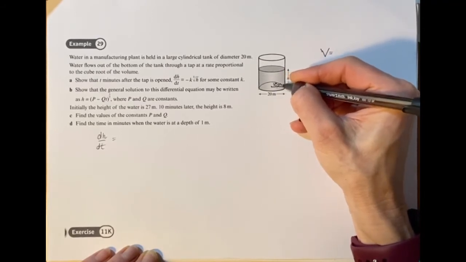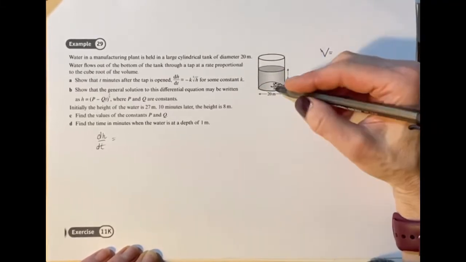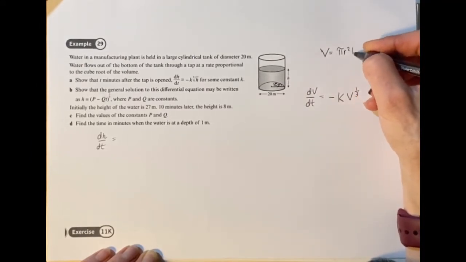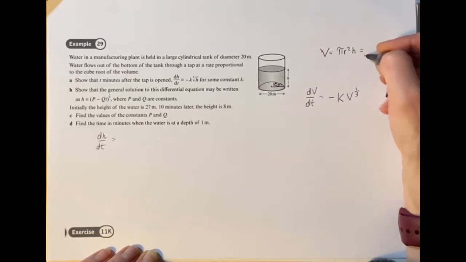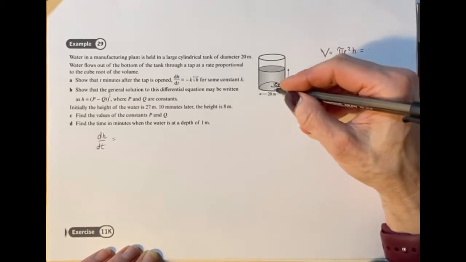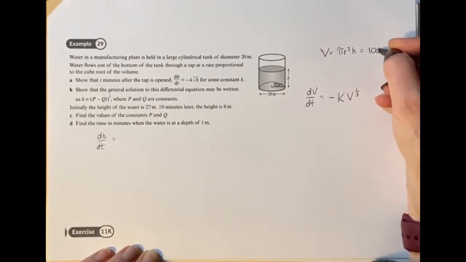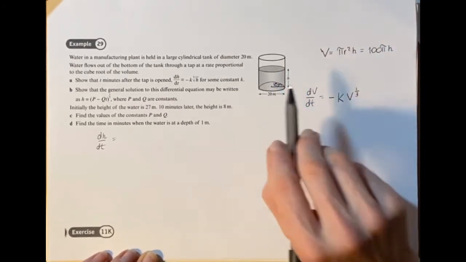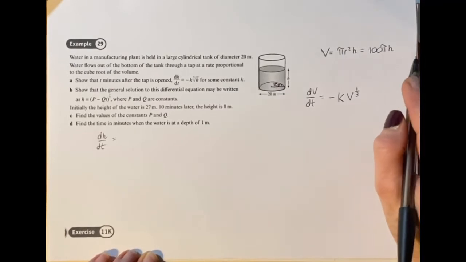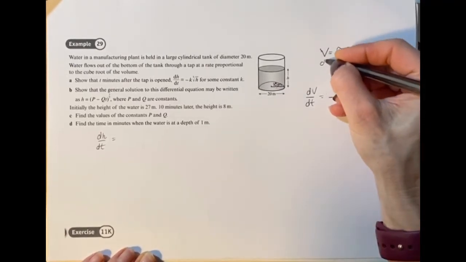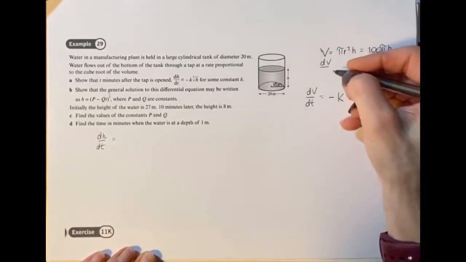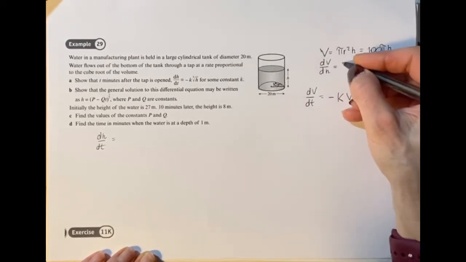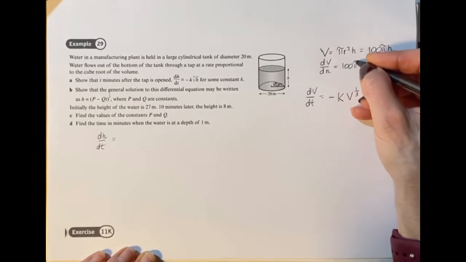So it's pi r squared times h, but r is constant, r squared is 100, so it's 100 pi h. So this is the volume of the water inside the tank. As soon as you mention some formulae, why not differentiate it? You've got a variable of h, so that will just go to 100 pi.